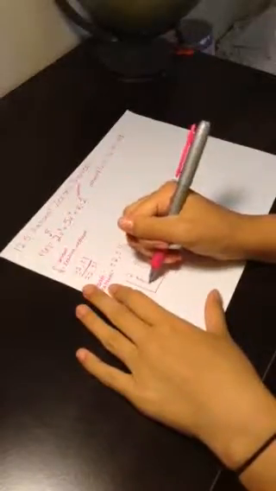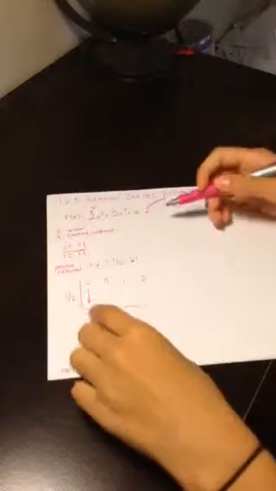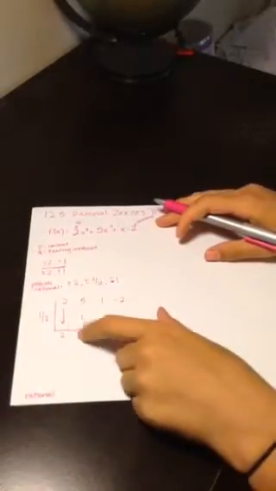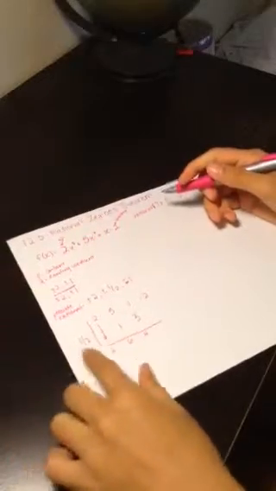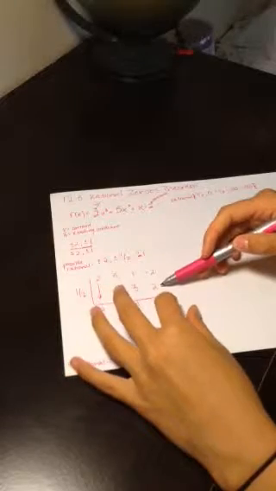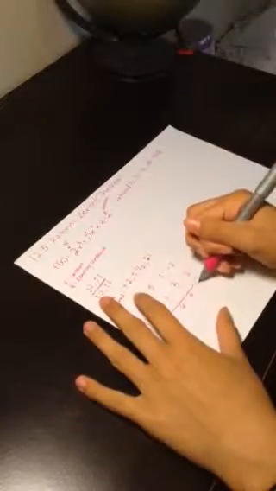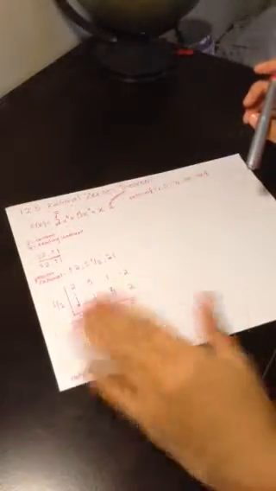First we drop down the 2. 2 times 1/2 is 1. 5 plus 1 equals 6. 6 times 1/2 is 3. 3 plus 1 is 4. 4 times 1/2 gives me +2. -2 plus 2 gives me 0. So there's one of our rationals right there.